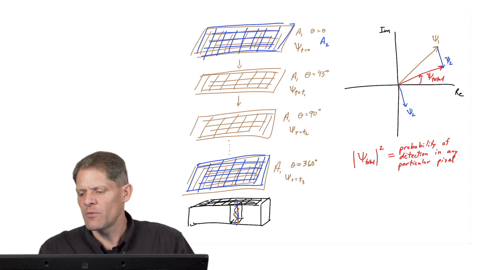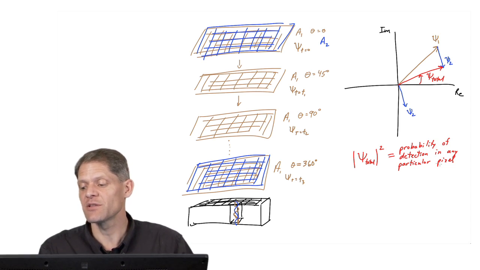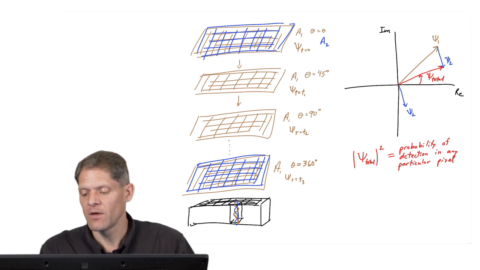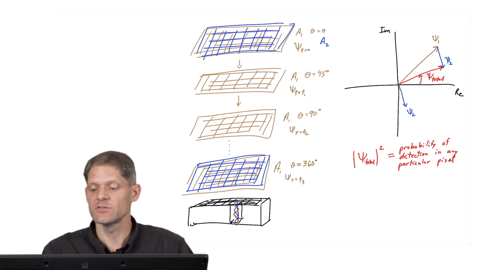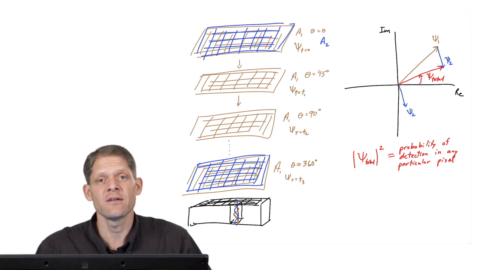And so the probability of the electron being detected in any particular pixel is equal to this wave function squared, or the amplitude of the wave function squared. And so what matters here is the length of these vectors, not the direction.